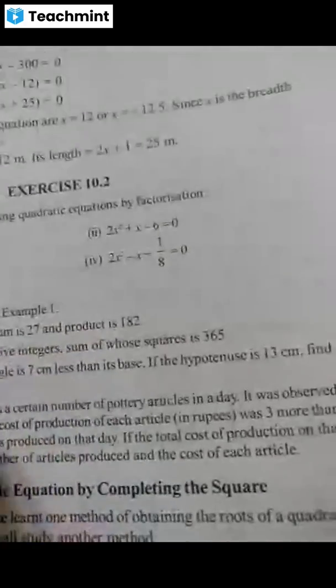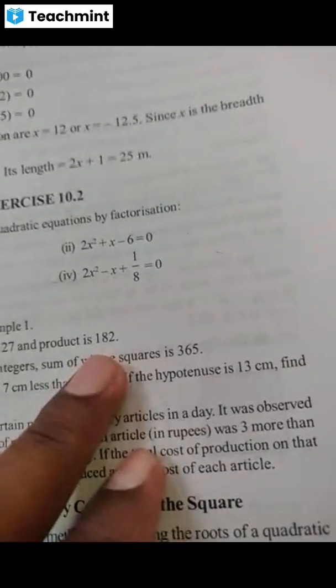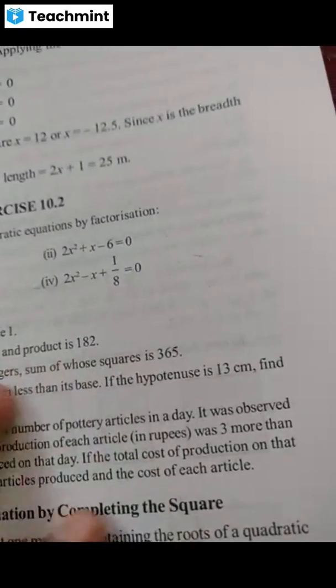Solve the problem given in exercise 1, example number 1. Find two numbers whose sum is 27 and product is 182. Have you all solved these things?